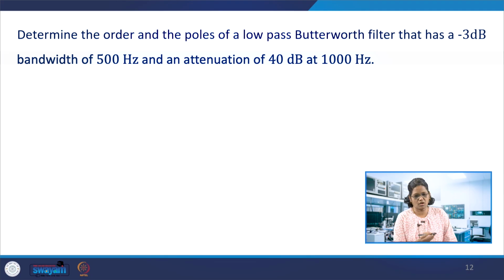Once we know the order and the cutoff frequency, we can use the pole location formula. If we substitute that, we get the pole locations of the filter, and if we multiply all the poles, we get the transfer function of the analog filter. Once we have this transfer function, we go for the discretization process for the IIR filter, either impulse invariant or bilinear.